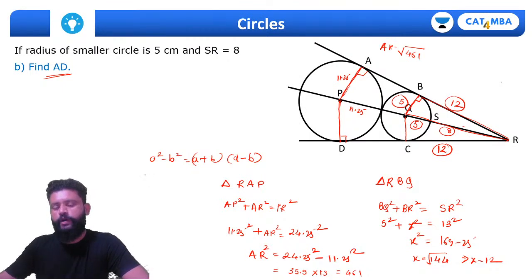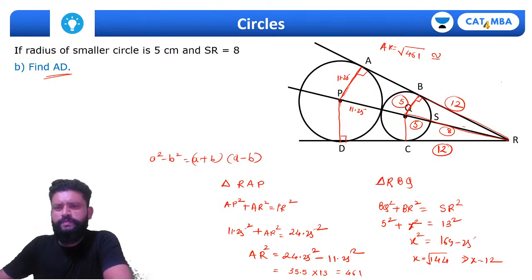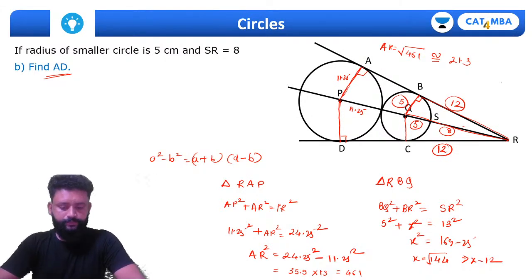I'll write it approximately, you can say 21.2 or 21.3 something, right? Is there any doubt, guys, up till now?